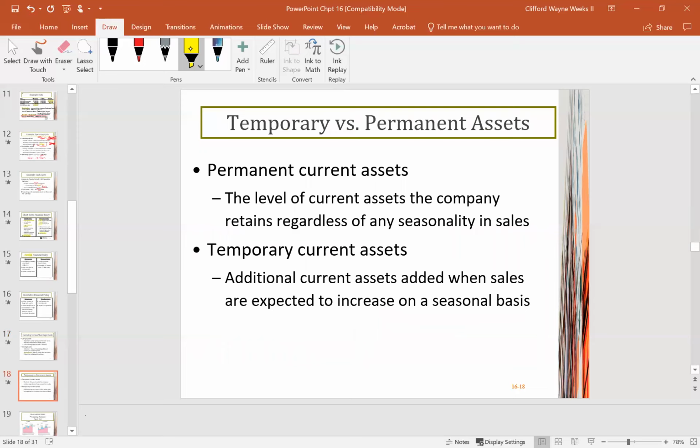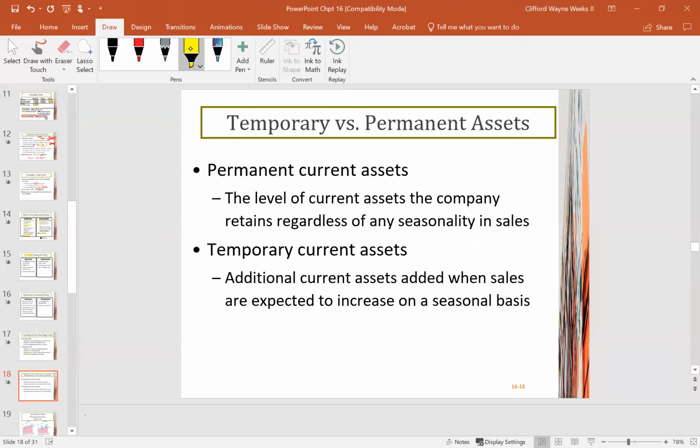And so we want to look at the difference between temporary and permanent assets. Permanent assets are the level of current assets the company retains regardless of any seasonal sales. So we always have a compensating balance of $300,000.